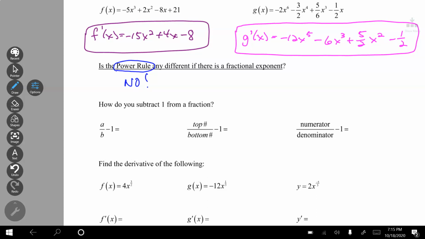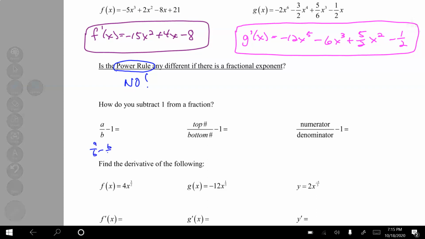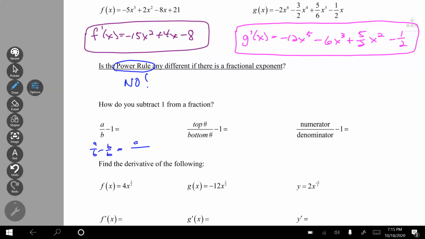Okay, so how do you subtract 1 from a fraction? Well, technically I should rewrite it as a common denominator, and I get a minus b over b. Or I could just look at it and say a minus b over b. But the way I really do this, I just do it as the top number minus the bottom number over the bottom number, because that's the way I see this.